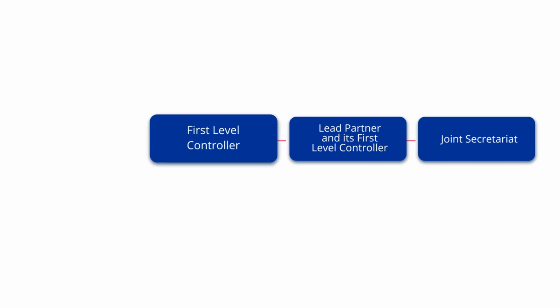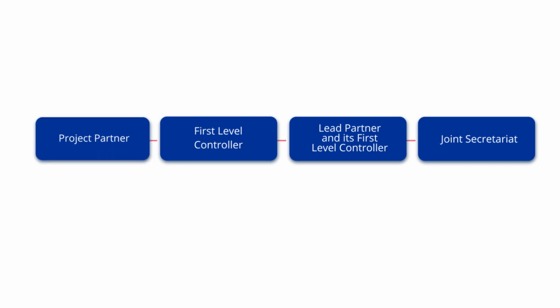During the assessment of the submitted report, the joint secretariat may need to revert the claim of a partner and ask for corrections. In this case, the joint secretariat reverts the list of expenditure to the lead partner, who must then revert it to the relevant partner's first level controller.